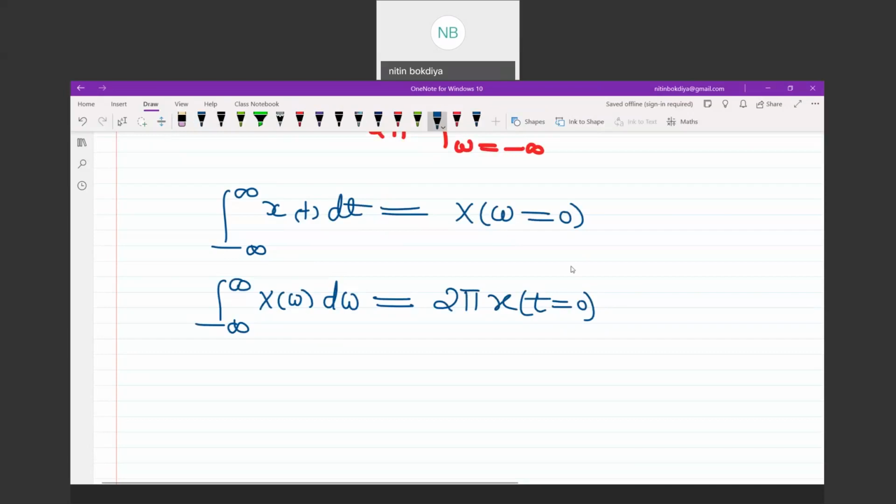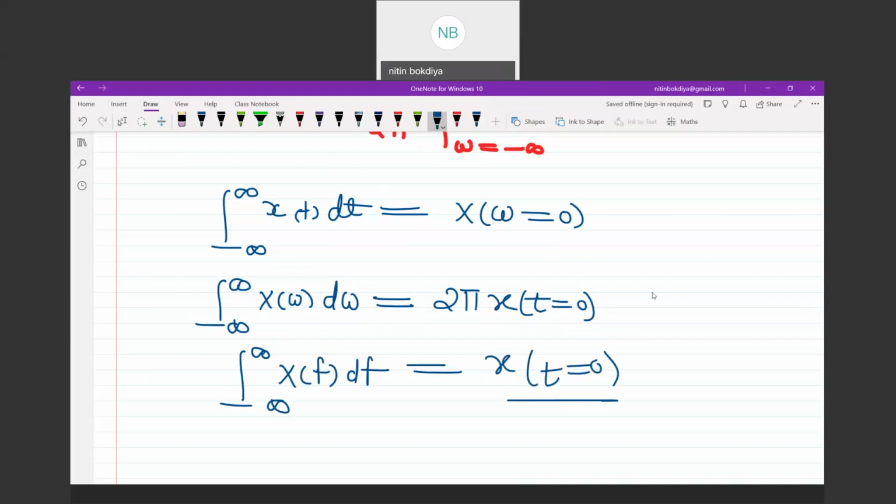So this is the property which is related to the area under the curve: in the time domain it is equal to X of omega equal to 0. And likewise, you can say integral of x of f into df. You can remove 2 pi because d omega will be 2 pi into df. 2 pi cancels. This is x at t equal to 0. So these are three very important results which are important to remember.